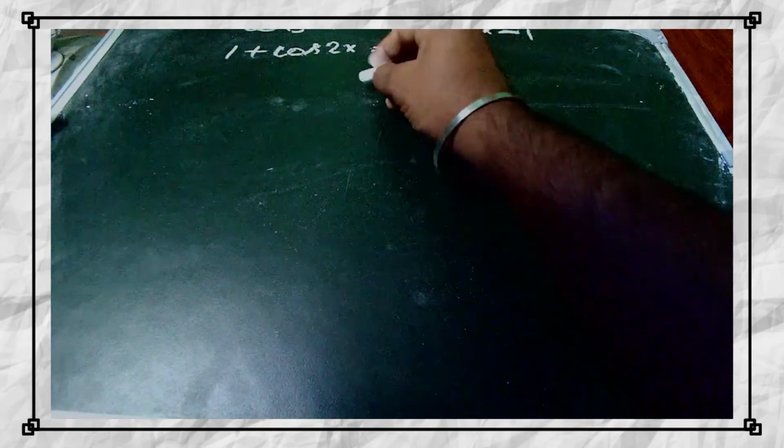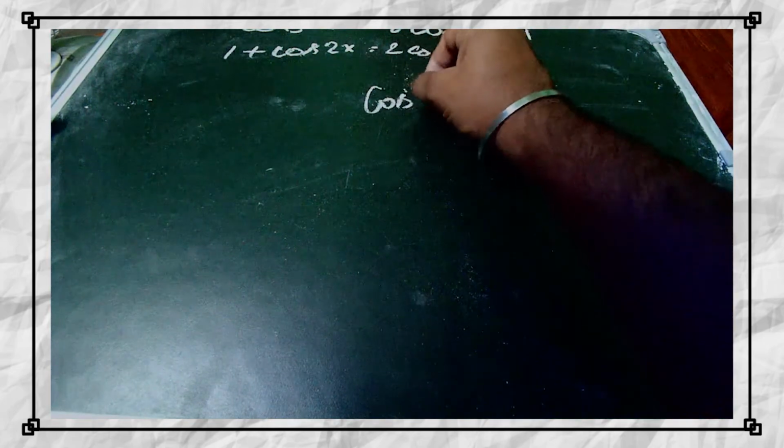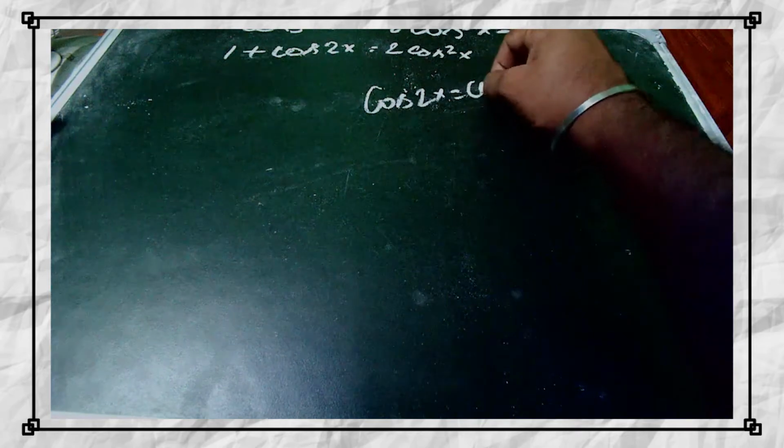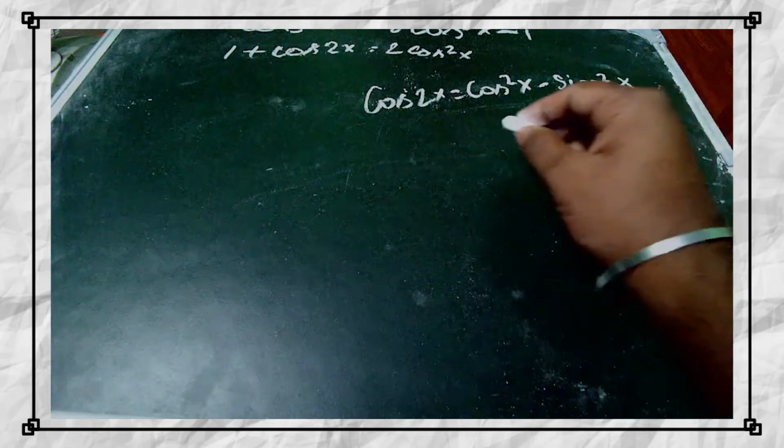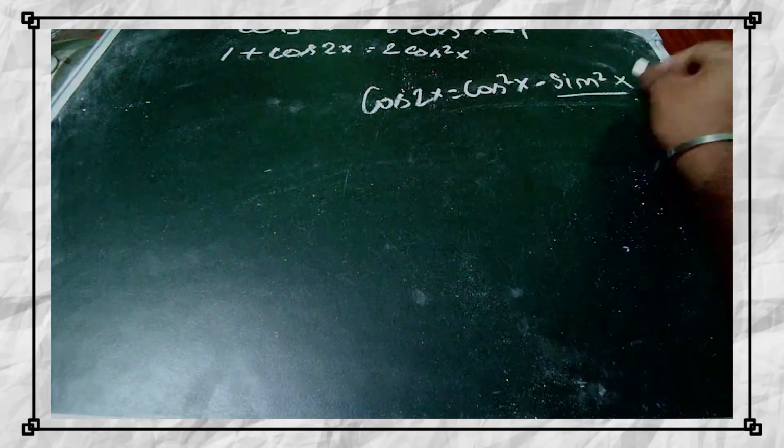Cos of 2x is equal to 2 cos square x minus 1, and 1 plus cos 2x equals 2 cos square x. As told earlier, cos of 2x is equal to cos square x minus sine square x. So we can write sine square x in terms of cos square.